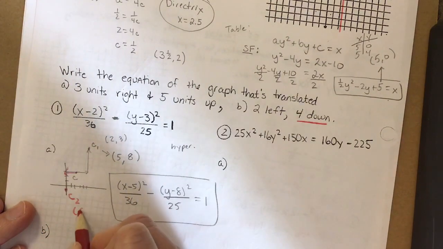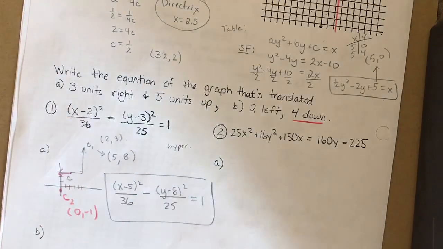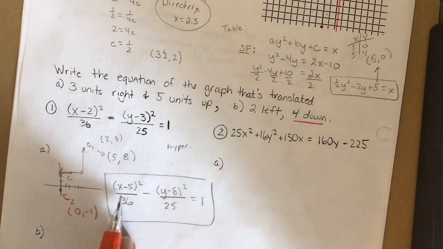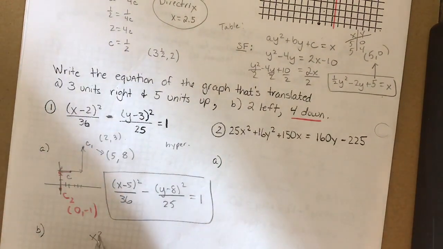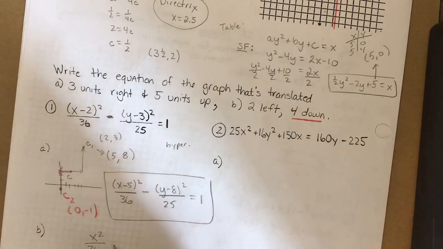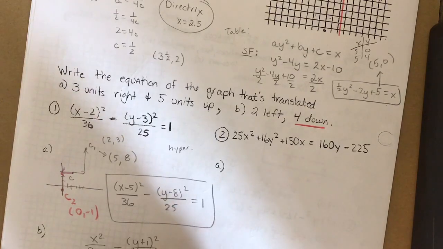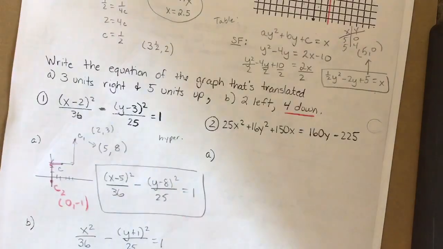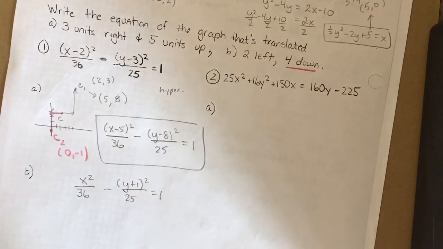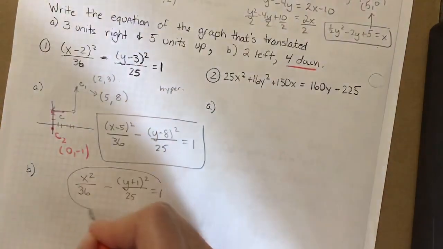That puts me at 0, -1. New center. So now I just have x squared over 36 minus the quantity y, double negative, plus 1 squared over 25 equals 1. All right, that's translating.